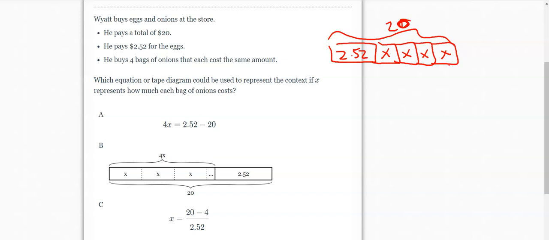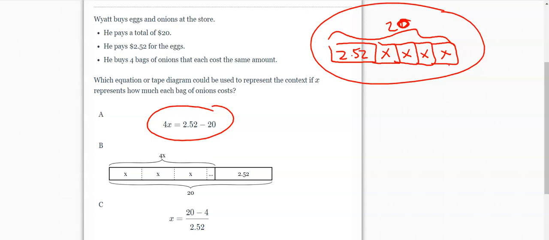So some of these are tape diagrams and some of these are not, like this one here. If I were to write this tape diagram as an equation, it would be that 20 is equal to 2.52 plus the 4 random costs of the onions. Now I could rearrange this. I could certainly get 2.52 by itself or 4x by itself.